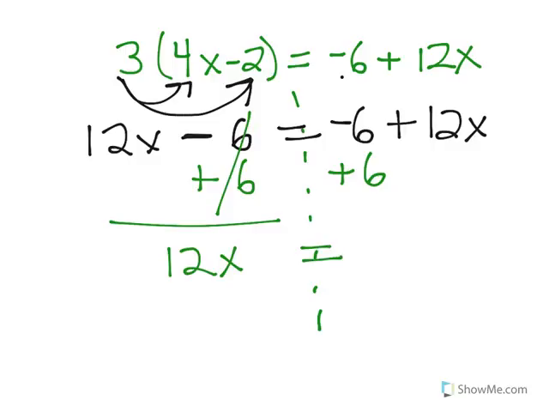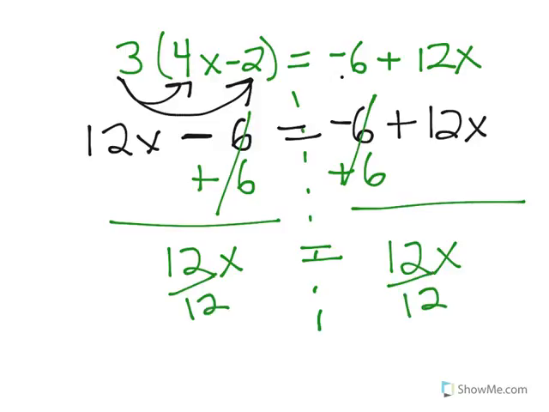And if we add negative 6 plus 6, that also is 0, leaving us with 12x on the right-hand side of the fence. So if I divide both sides by 12, I'm left with x is equal to x, which is always true.